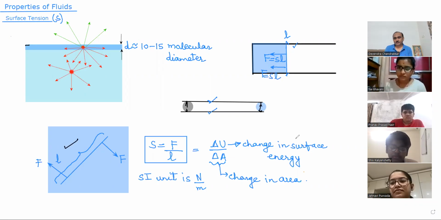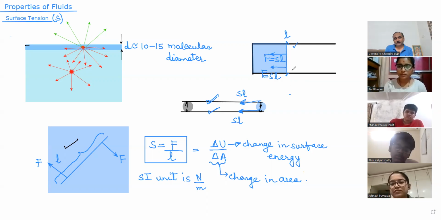There are two forces because of surface tension, one because of the upper layer and one because of the lower layer. This film will pull this rod towards this side with a force of SL. I hope all of you understood it.